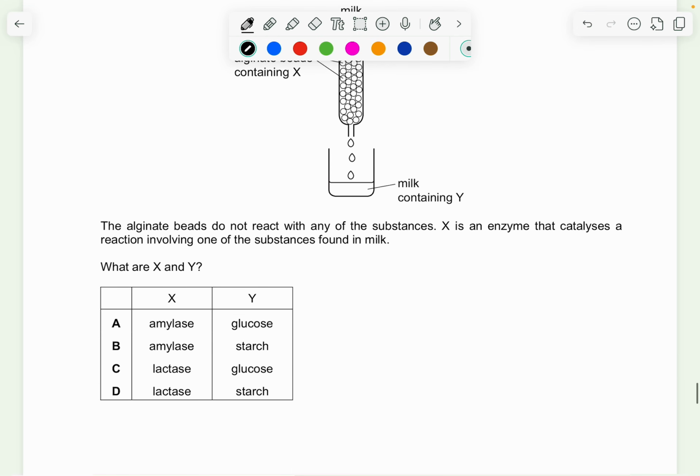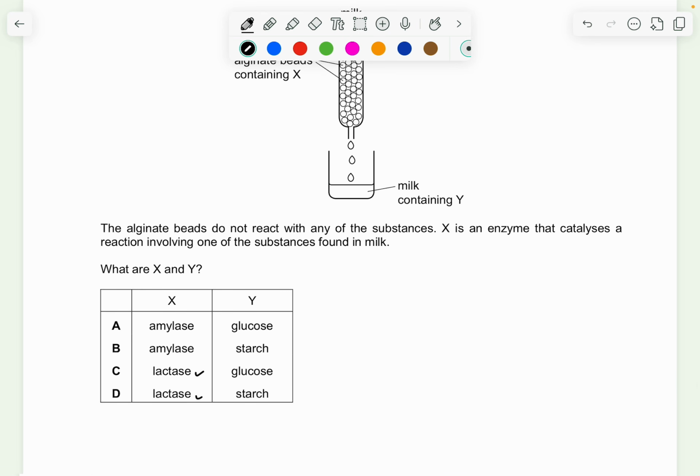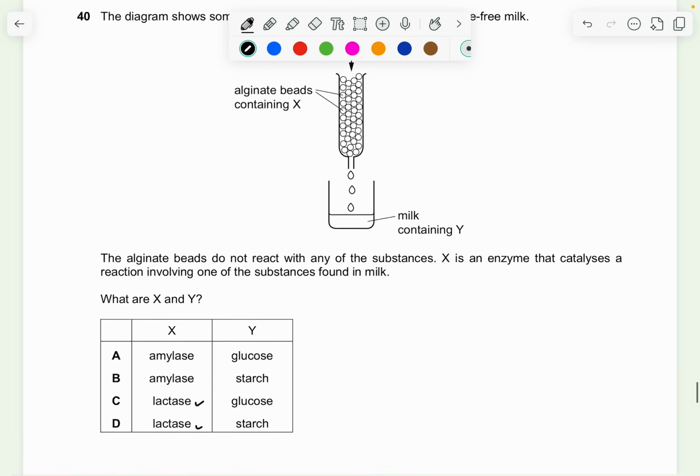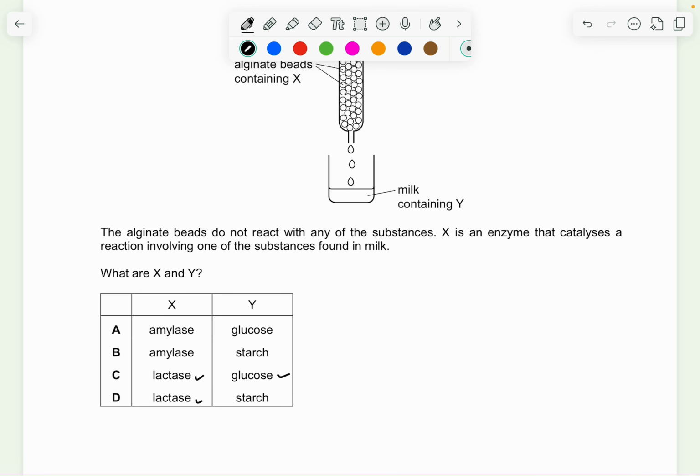By using lactase. And what is contained in the solution will be glucose. Because lactose, if you break it down, is glucose and galactose. So therefore, starch is ruled out already. So the answer is C.